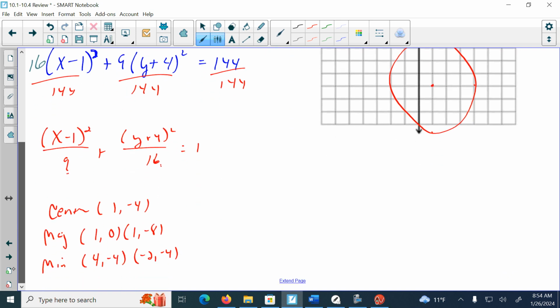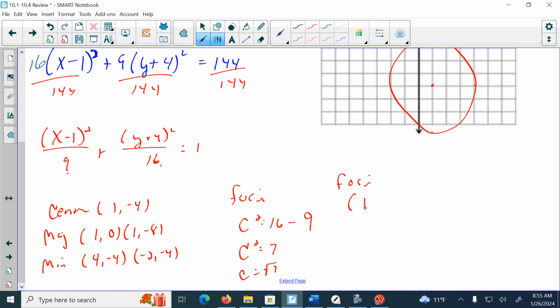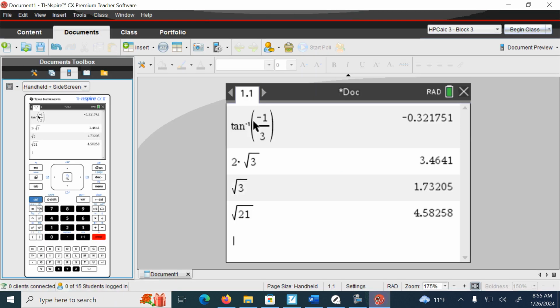And then to find my foci, I'm going to do c squared is equal to a squared minus b squared. So c squared is equal to 7. So c is equal to the square root of 7. So my foci is going to be 1 and then -4 plus or minus the square root of 7. Since I cannot simplify that, I can just go ahead and leave that.